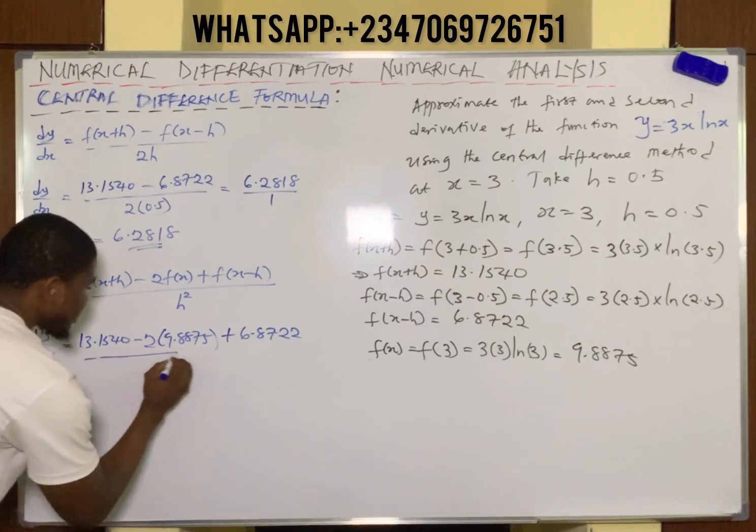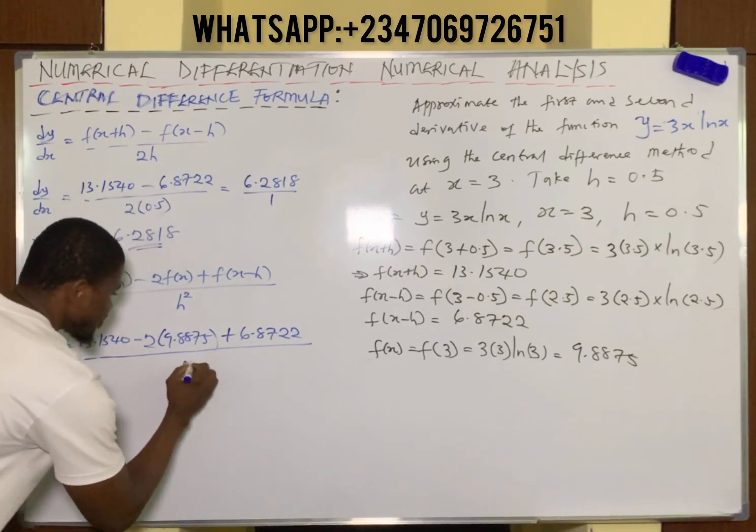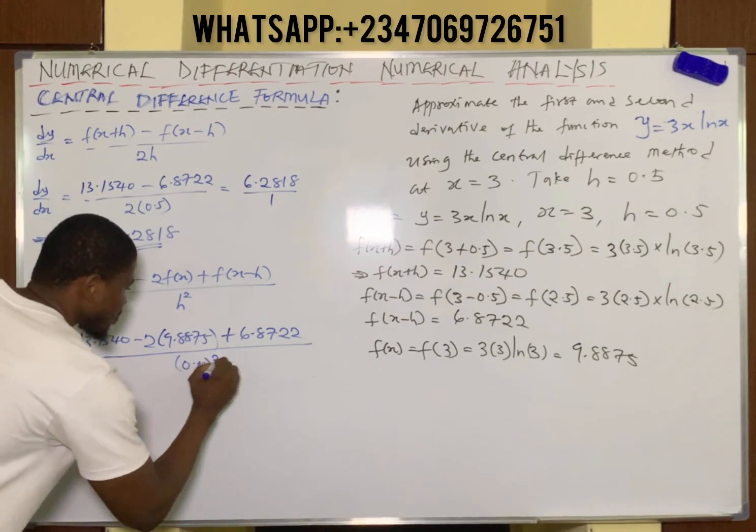The whole of this divided by h squared, h is 0.5 all squared.